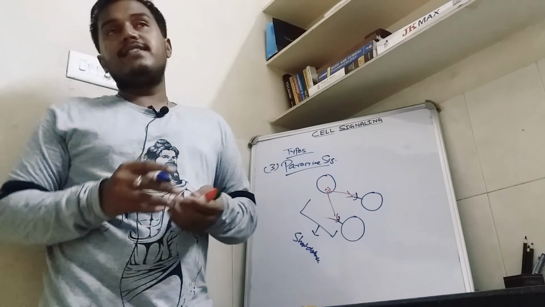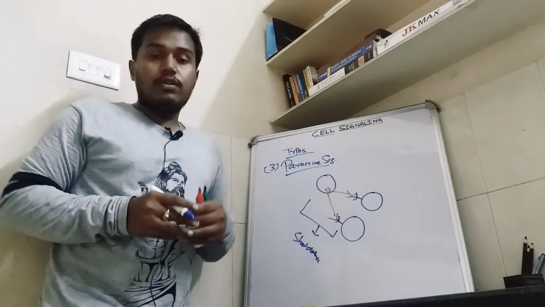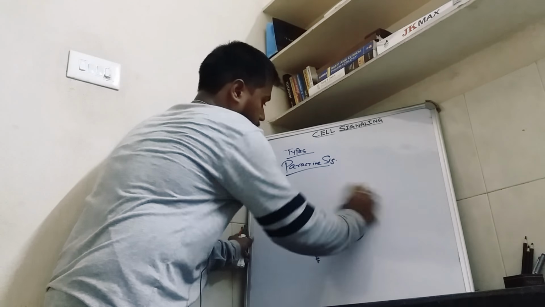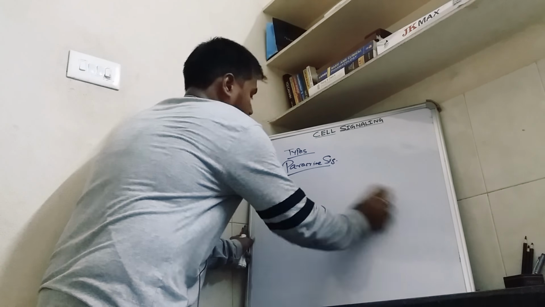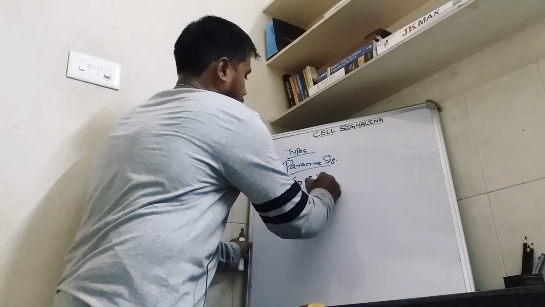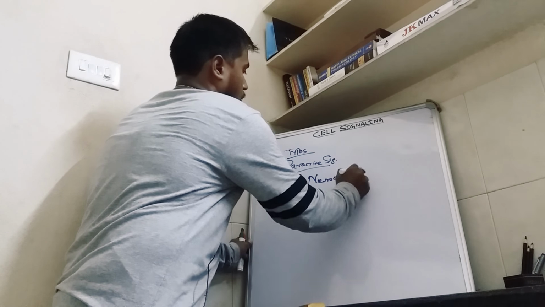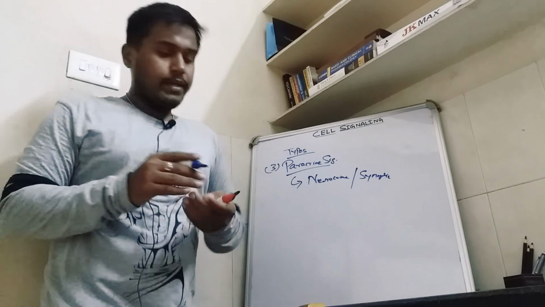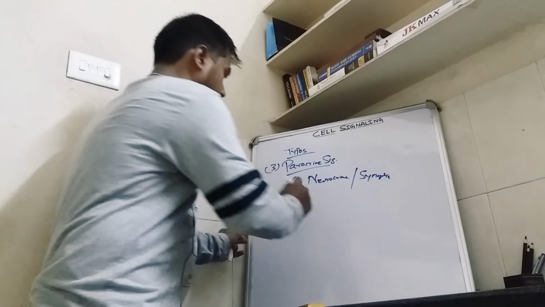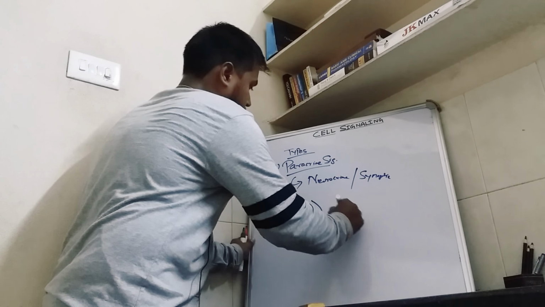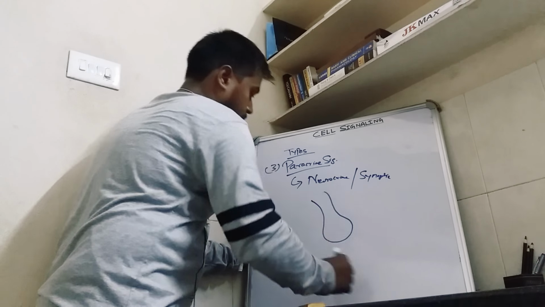Examples of paracrine signaling are growth factors and clotting factors, and neurocrine or synaptic signaling also comes under paracrine signaling, because in neurons the communication occurs between two neurons. Suppose this is the presynaptic and this is the postsynaptic neuron.